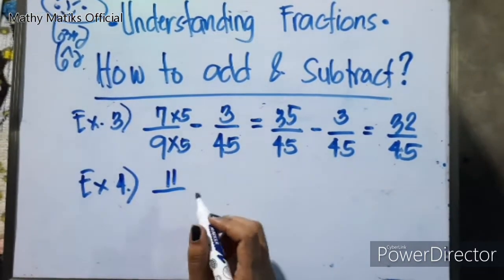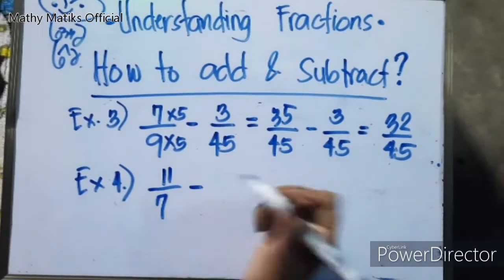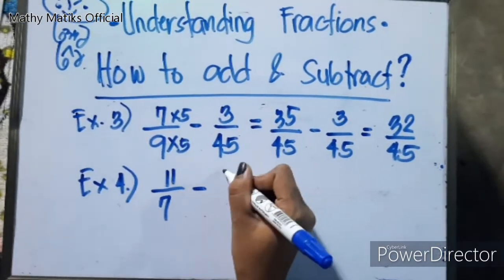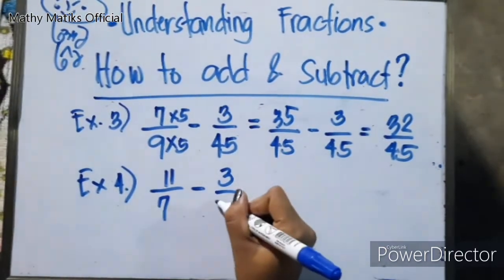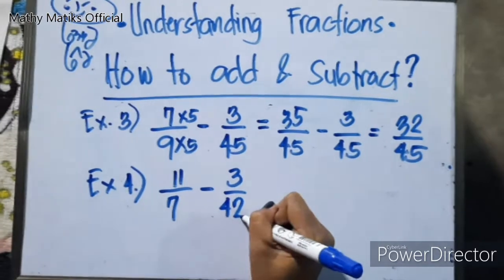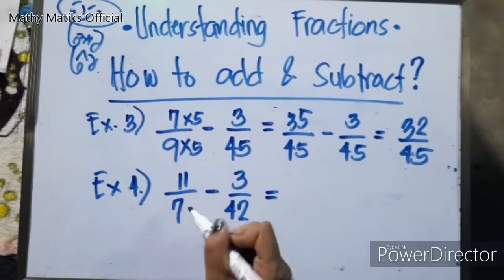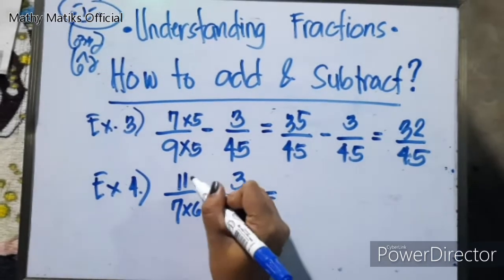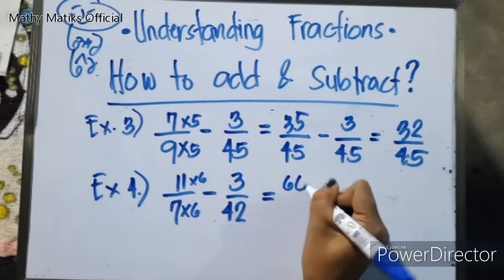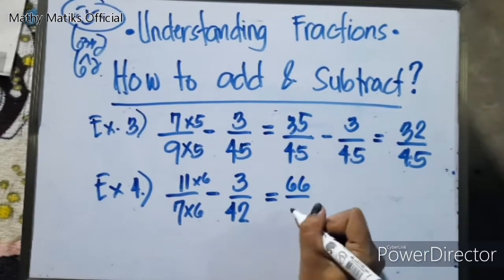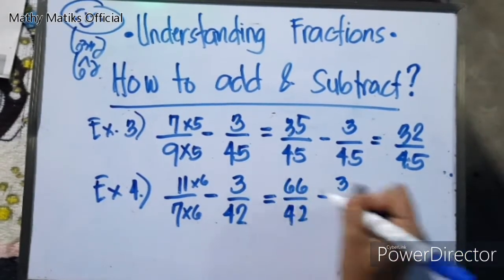Fourth example, we have 11/7 minus 3/42. Your target is to have the same denominator. So we have 7 times 6, and the numerator is multiplied also by 6. 11 times 6 is 66, 7 times 6 is 42. Copy 3 over 42.